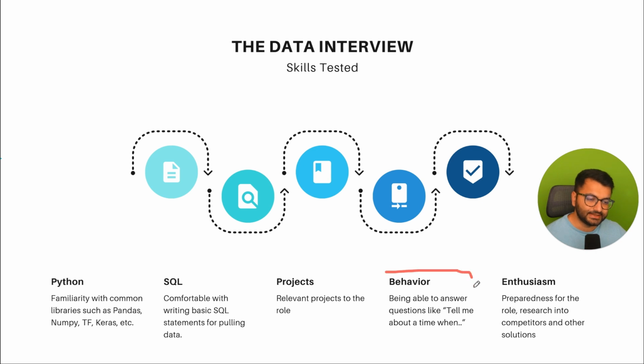Now, something else that they might ask you during the interview is a behavioral question. Usually I would say the STAR methodology is perfect for this: the situation, task, action, and response. They might ask you questions like, "Tell me about a time when you disagreed with a coworker or disagreed with the manager, and how did you react to that?" or something like that.